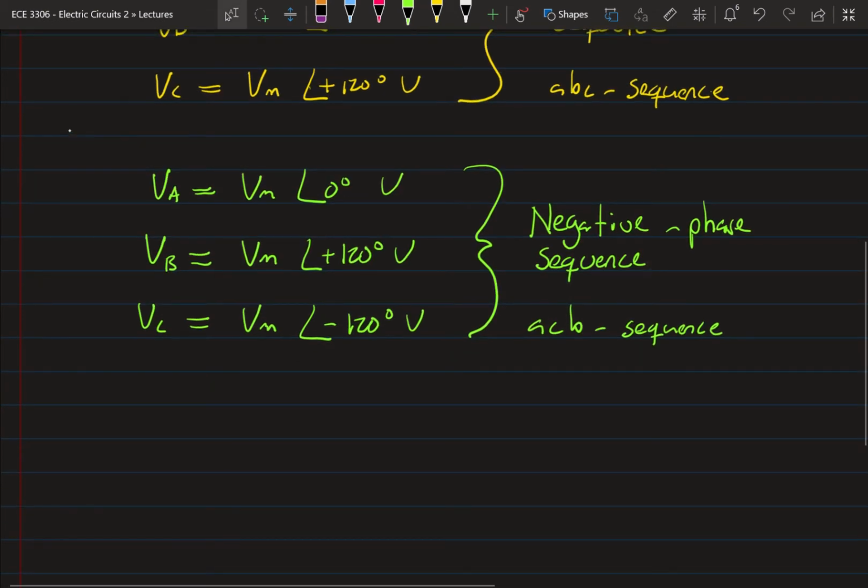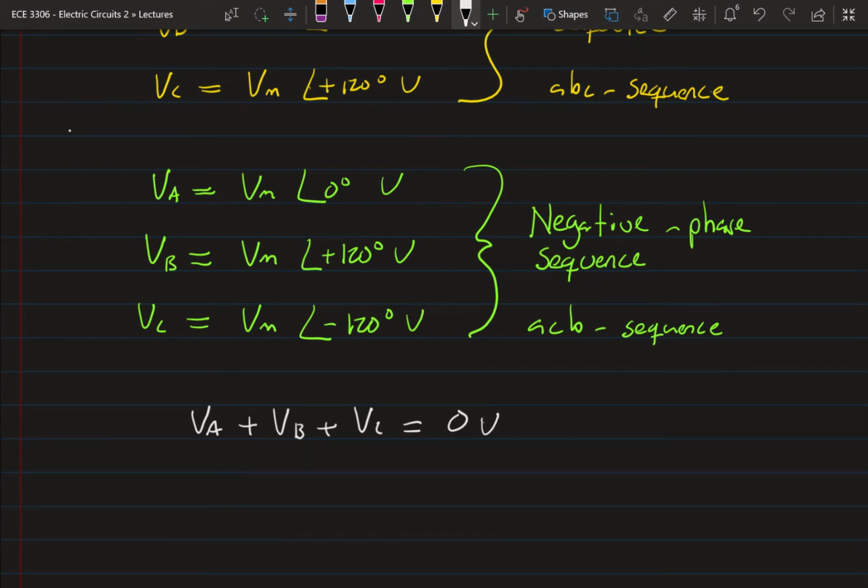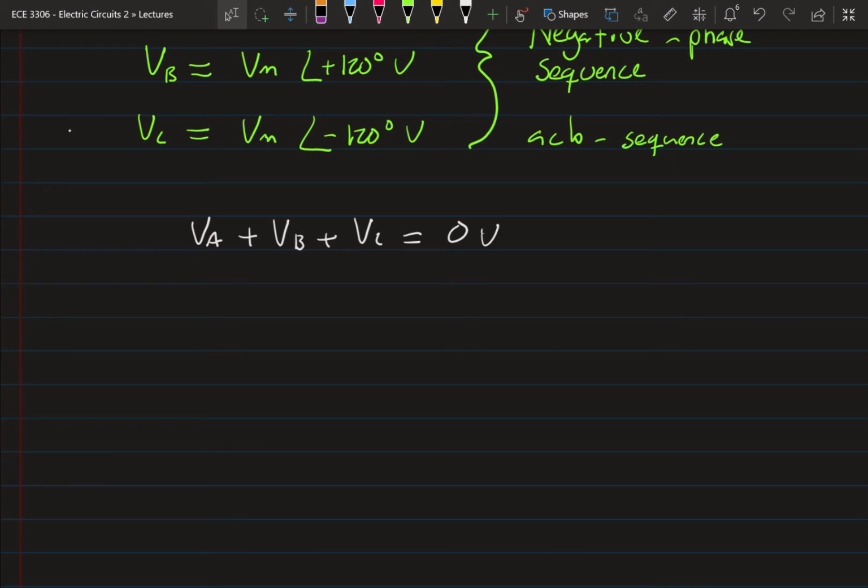And one last fact about the voltage phases is that they all add up to 0. So VA plus VB plus VC equals 0 volts. And the same is true for the time domain instantaneous voltages. So little VA of t plus little VB of t plus little VC of t is also equal to 0 volts.